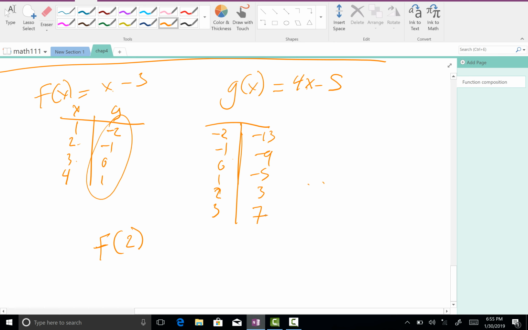Okay, so here's what I did. Here's x's and y's for the f, and here's x's and y's for the g. So let's pick a number, say f of 2. Looking at that chart, f of 2 is what number? -1. Okay, now that -1 is going to come up here.